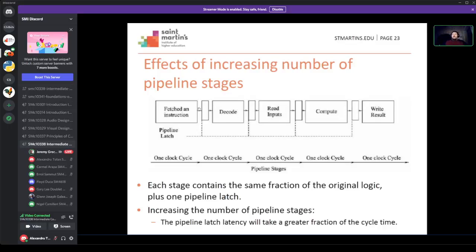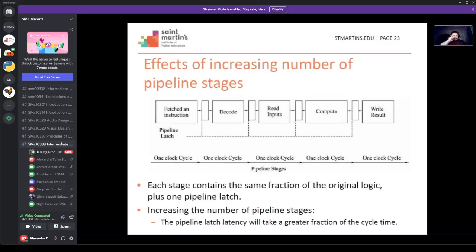Now, essentially, when this pipeline latch is executing, the CPU is not really doing anything. Therefore, the greater the pipeline latch is in relation to the actual execution of the code, the less efficient your CPU is actually going to be.